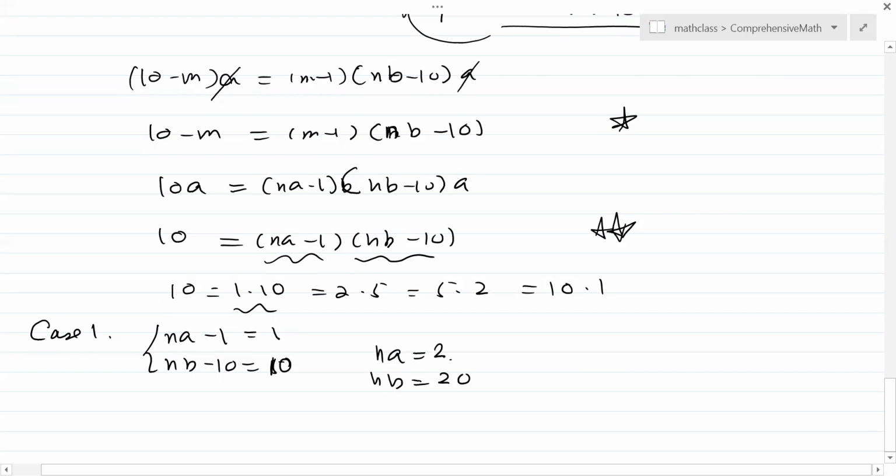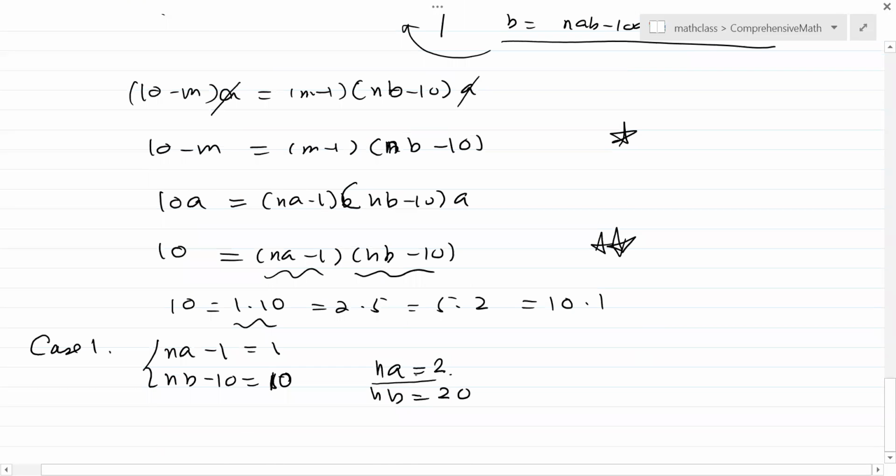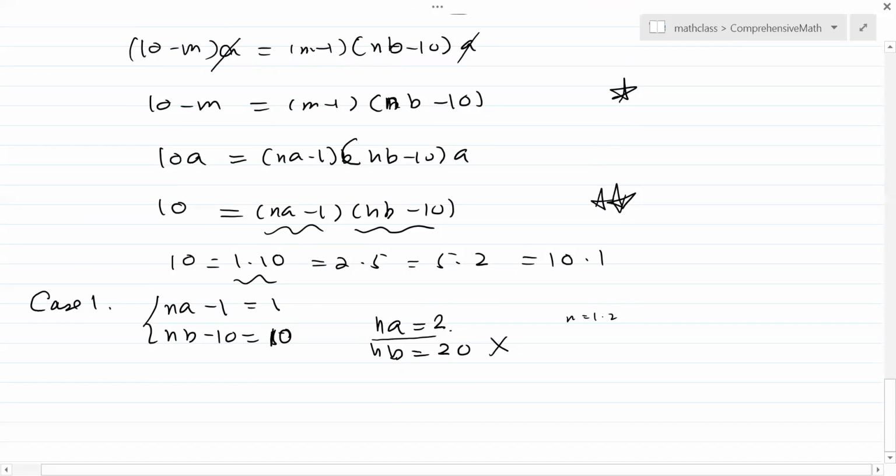The reason is, by the first equation, n is an integer, and n and a could be 1 or 2, that's it. Then n is only either 1 or 2, but nb is just digits, so it can never be 20. So it's impossible immediately.